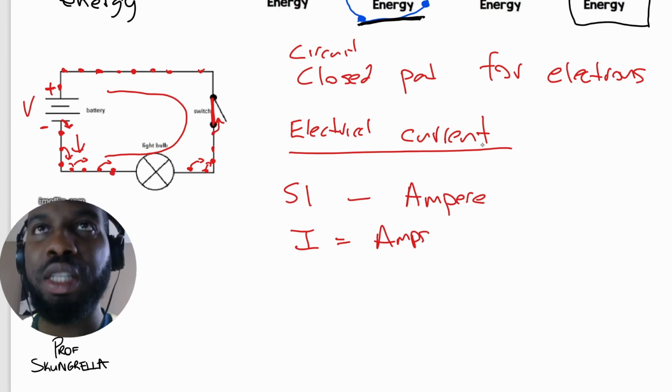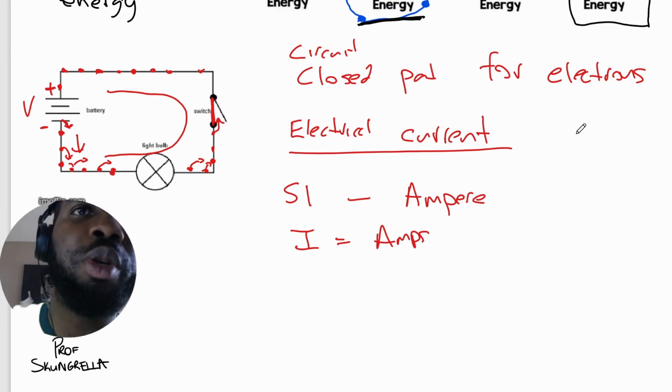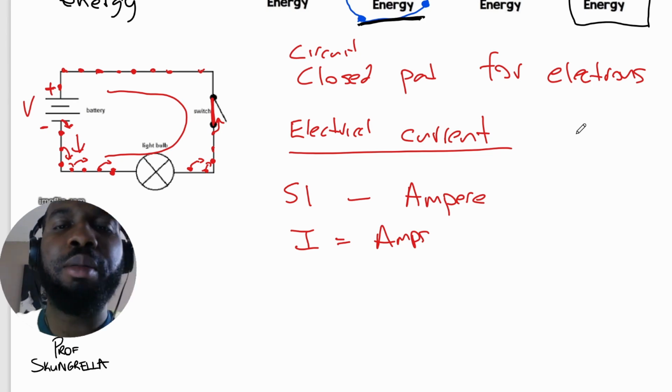Now, of course, we know that each electron would have a certain amount of charge. And so I have that right here. Let me just share it with you.